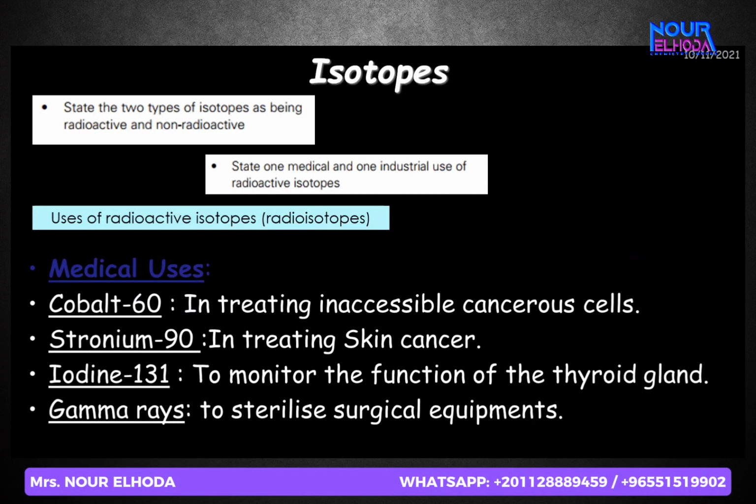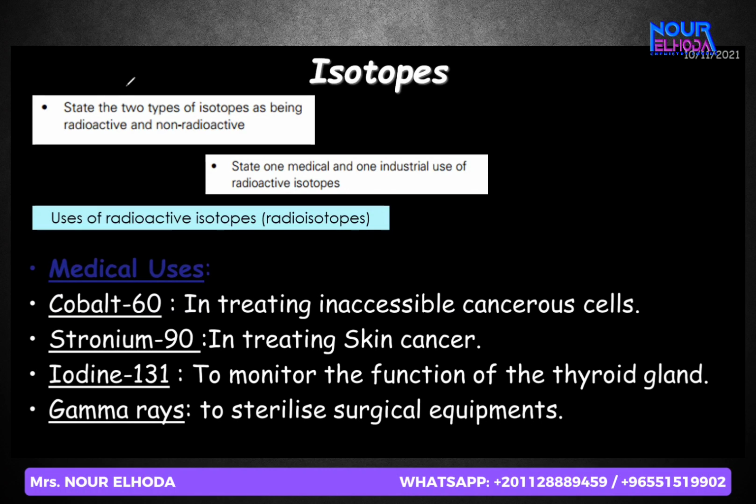Exactly, they are radioactive. Since they are radioactive, some radiation comes out from my isotope. Not all isotopes: some isotopes you will find radiation with, and some you will not. If the isotope is radioactive, you will find radiation coming out.